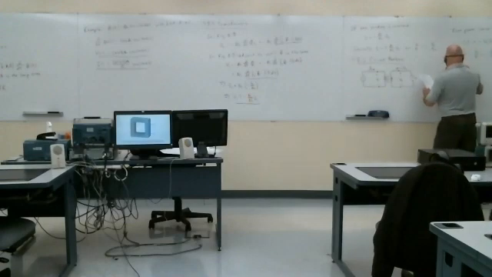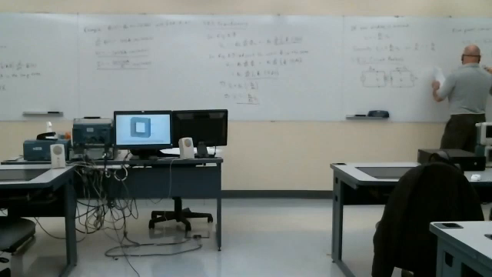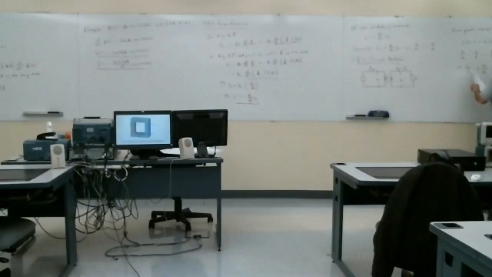Or in terms of the ratio of the secondary voltage to the primary voltage and the secondary current to the primary current, V2 over V1 is plus or minus N2 over N1, but I2 over I1 is minus or plus N1 over N2.